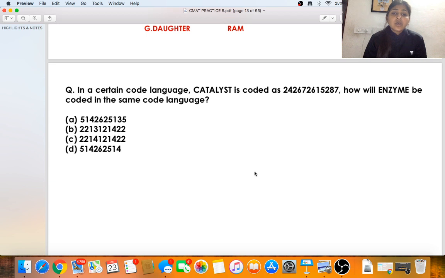Okay, so if we try to directly correlate it, we see that C can't be related to 2. But 24, if you take that together, because we know that there are 26 letters in the English alphabet, right? So C is 24, A is 26, T is 7. Any number that goes beyond 26 will not be accepted, so it will then be taken as a single number.